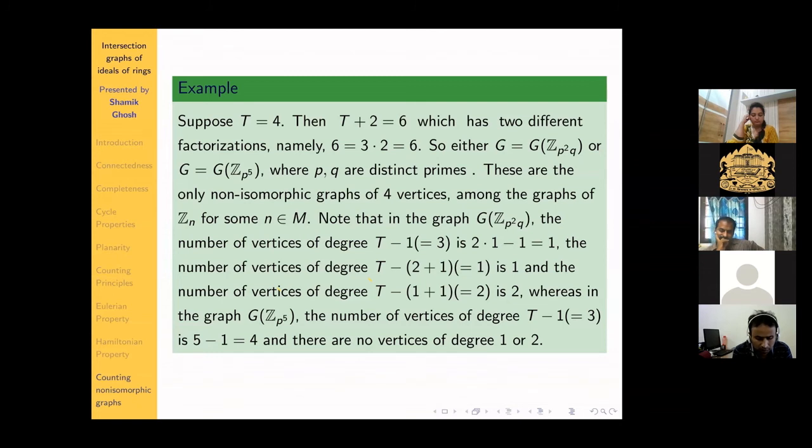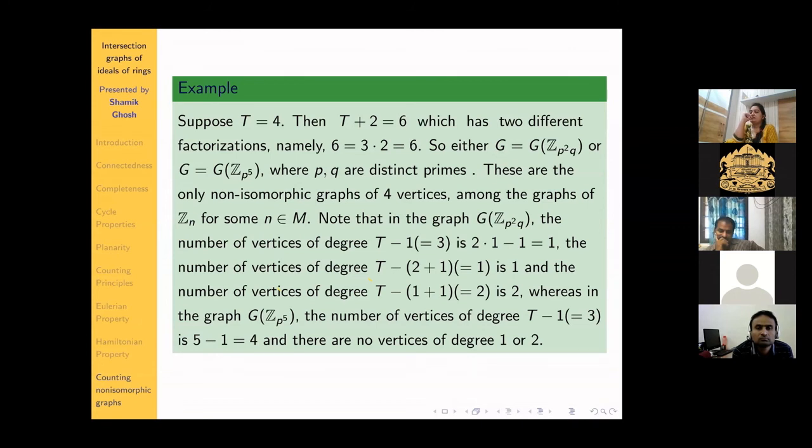And that is explained here with degrees and so on. If we count degrees, you have that p to the power 5 is a complete graph, K4, so all of them are of degree 3. But p square q is the graph, you can remember, of a triangle with an antenna over it.